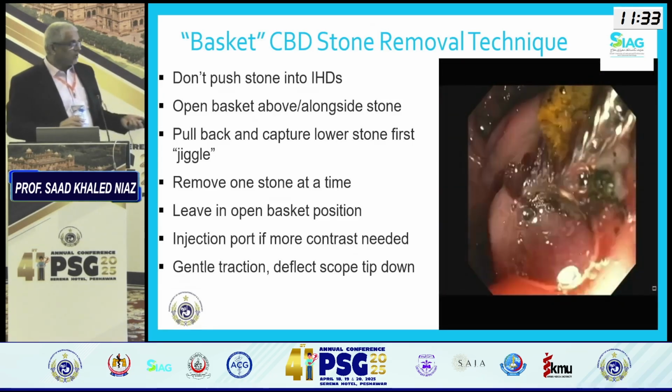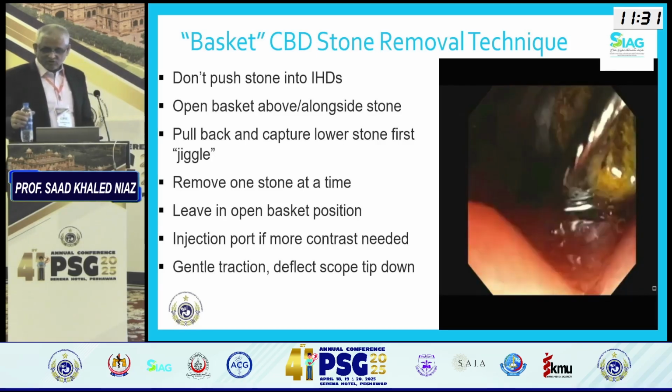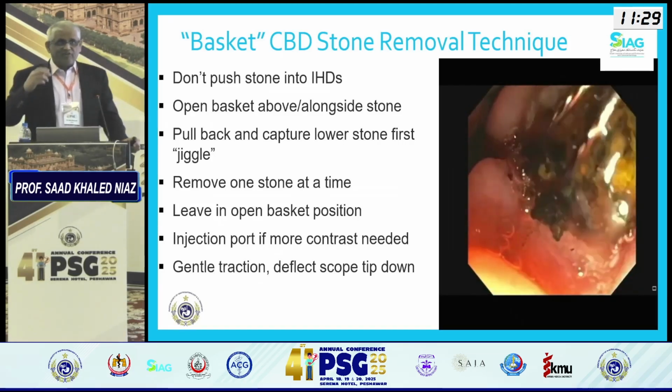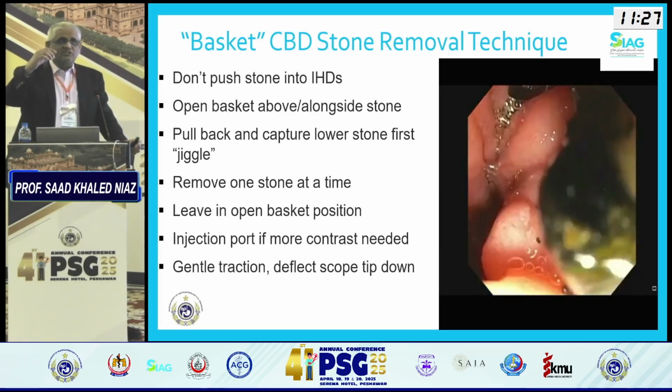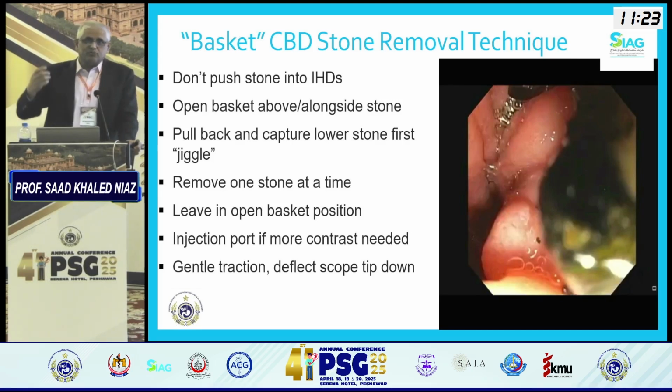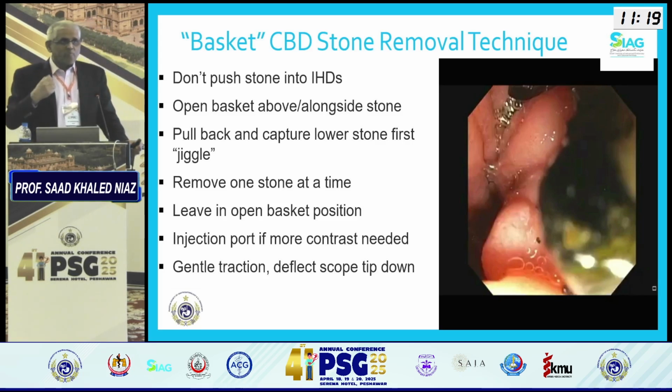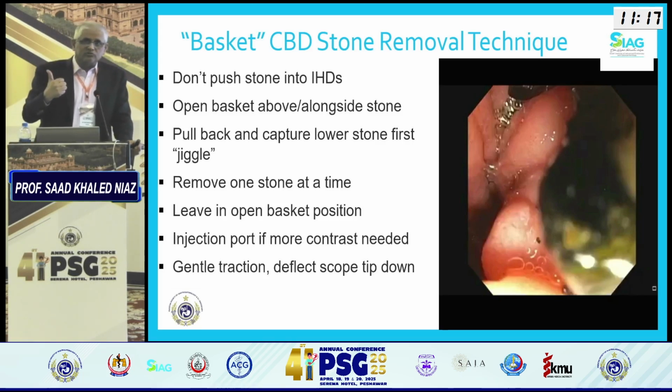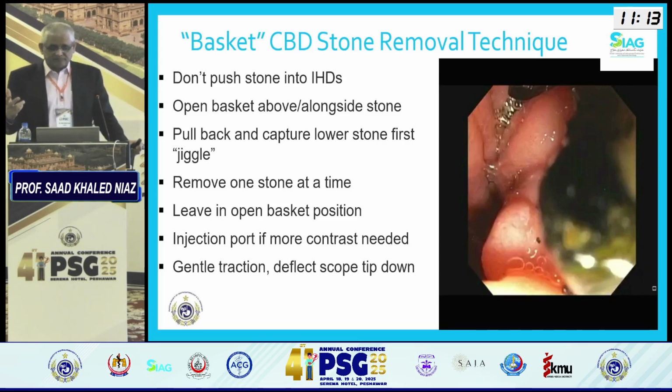Now the important thing is, if you have multiple stones, go for the distal stone. If you get the proximal stone and try and pull it out, and the distal stone is bigger, you have a major issue. The basket should not be closed. That stops or reduces the chances of impaction.